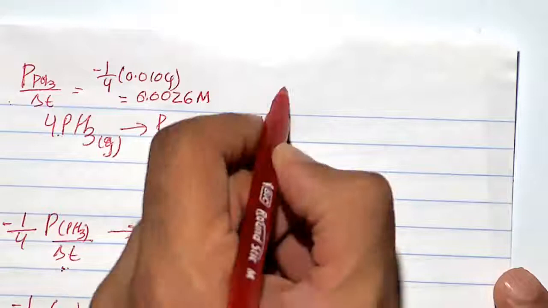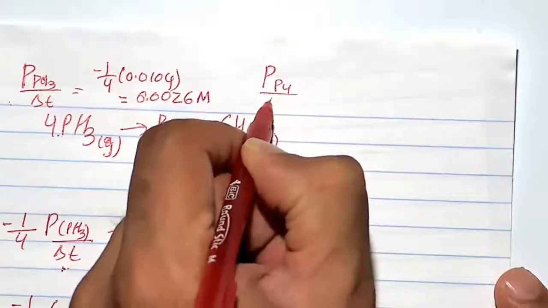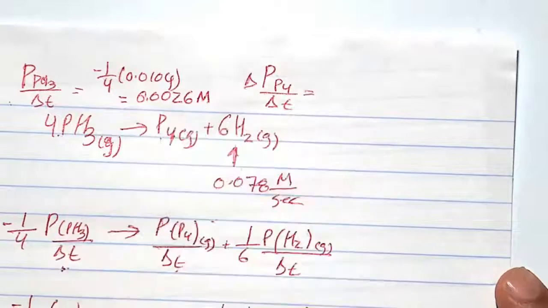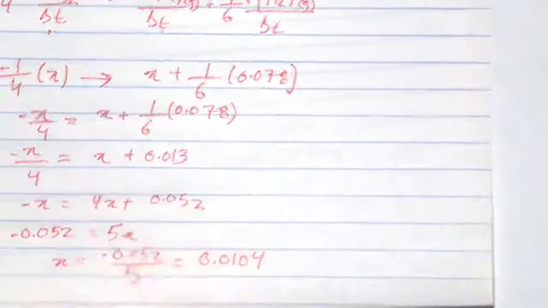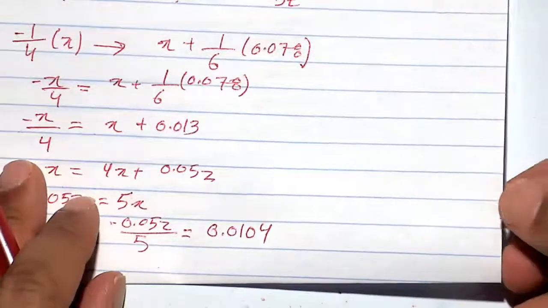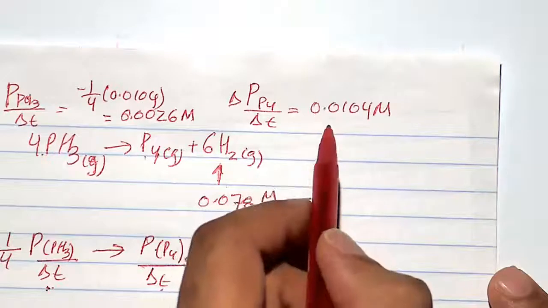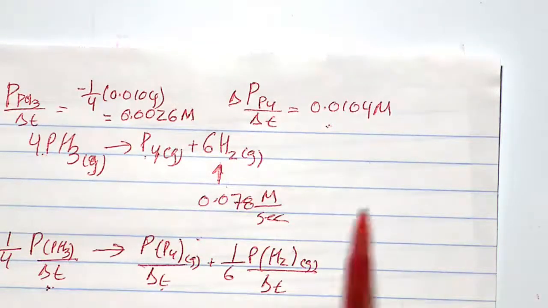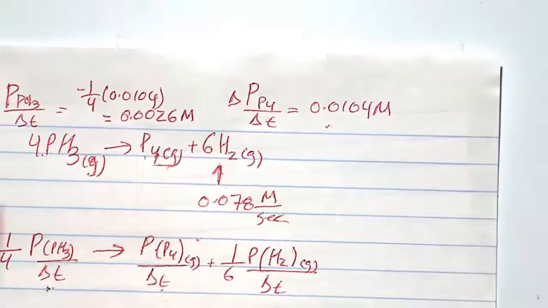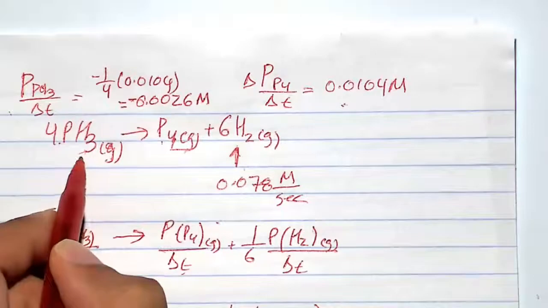But just realize that when you're dealing with gases, you can go from pressure to concentration. And the appearance of the change in concentration, or pressure, of P4 over time is simply equal to x, which is going to be 0.0104 molar. Now notice this is a positive sign because it's the rate of appearance of this, and this has to be a negative sign because it's the rate of disappearance of this.